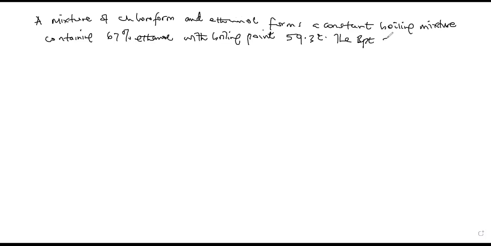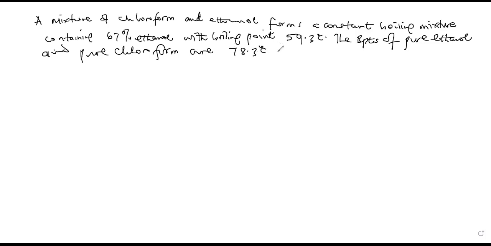The boiling points of pure ethanol and pure chloroform are 78.3 degrees Celsius and 61.3 degrees Celsius, respectively.